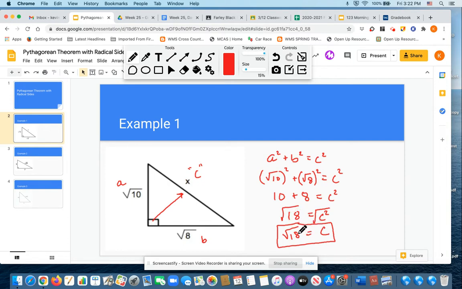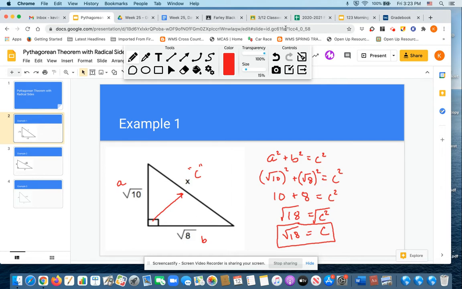There is a way to simplify this square root a little bit further. We're not going to talk about that right now, but just know that it is possible. And the third thing you can do is go to your calculator and just do the square root of 18 and get a decimal approximation for this value. But Mr. Robinette and I are happy with leaving it as the square root of 18.